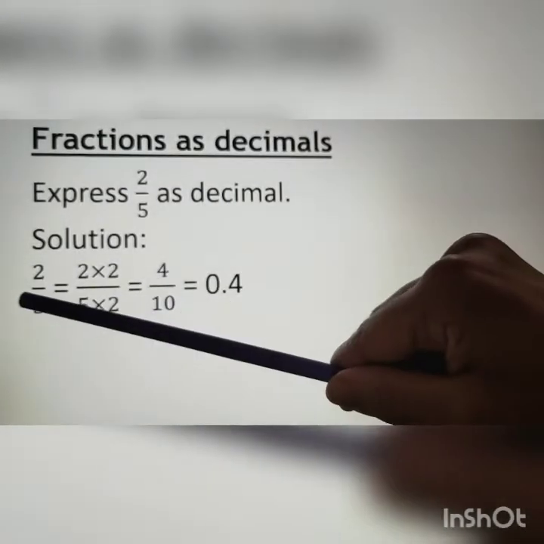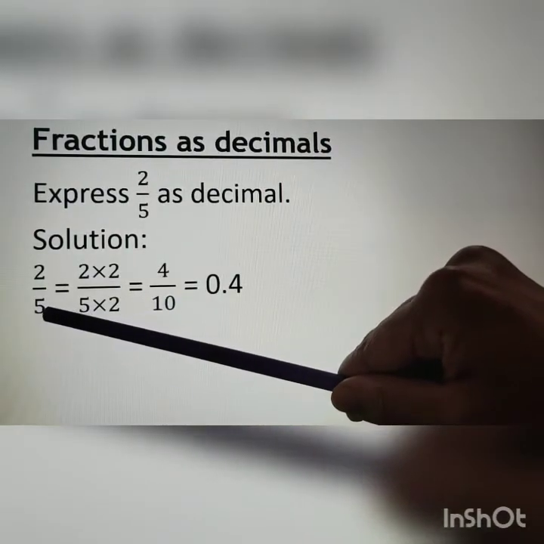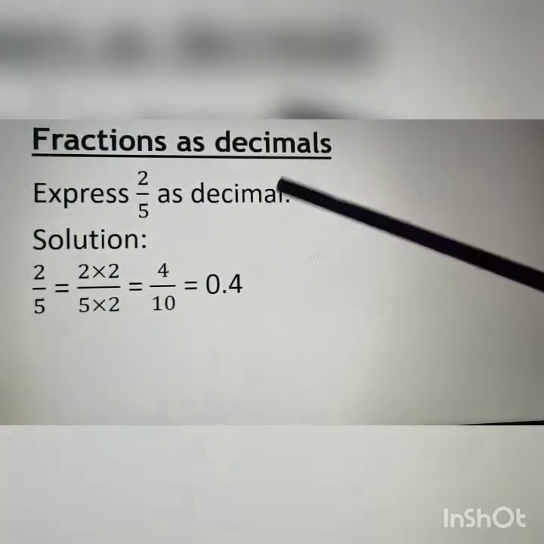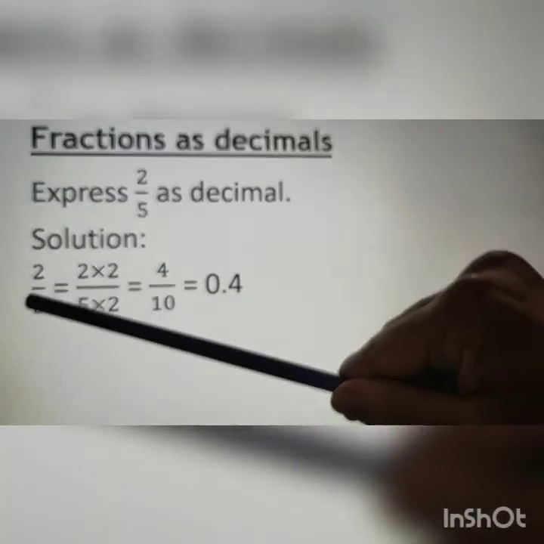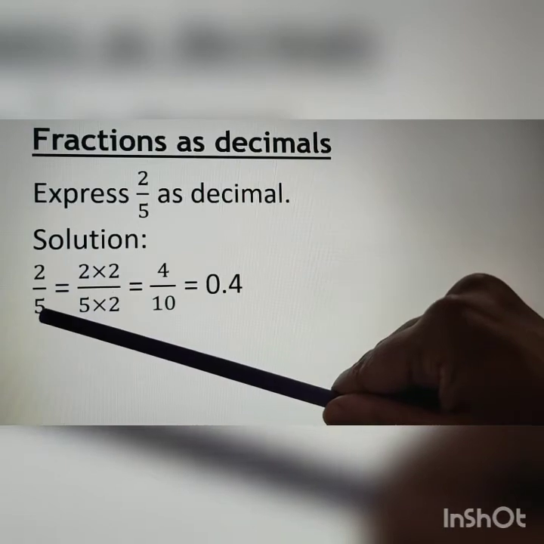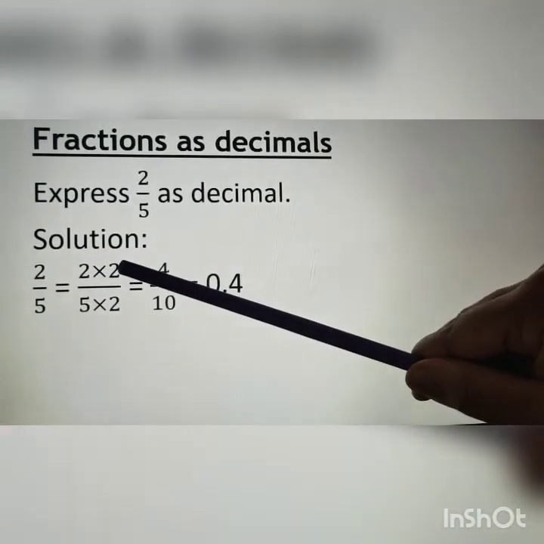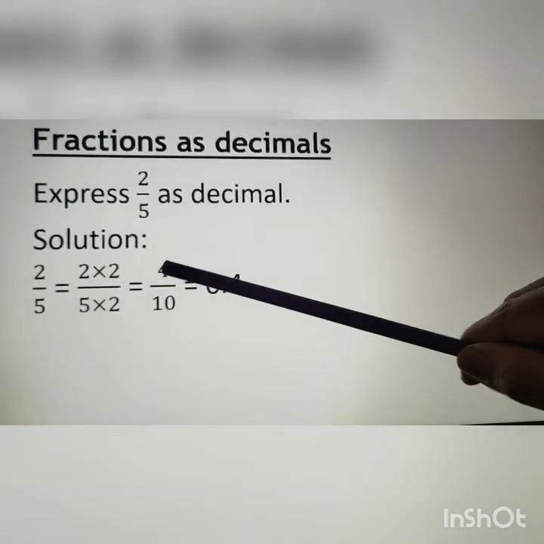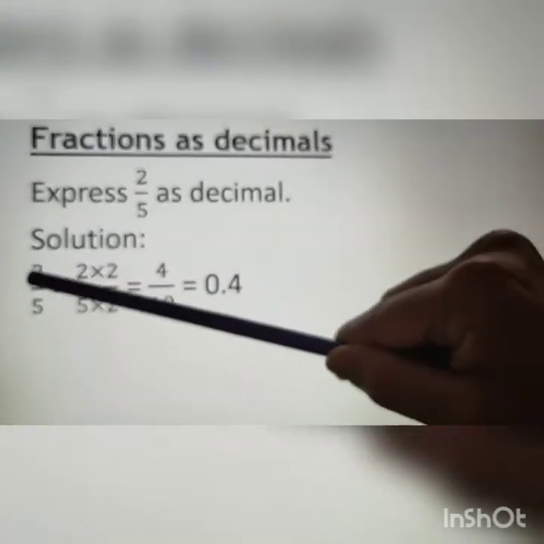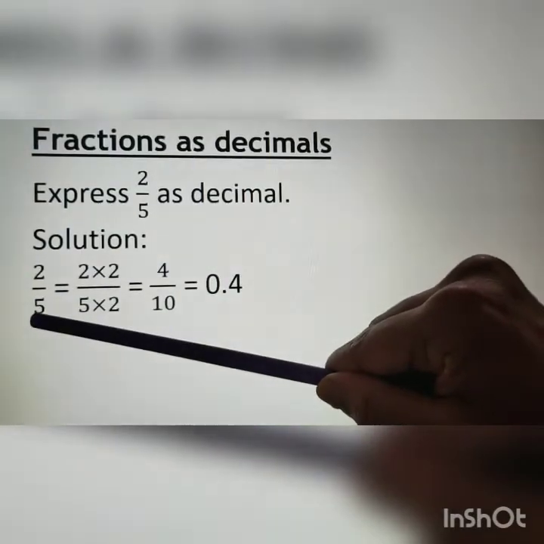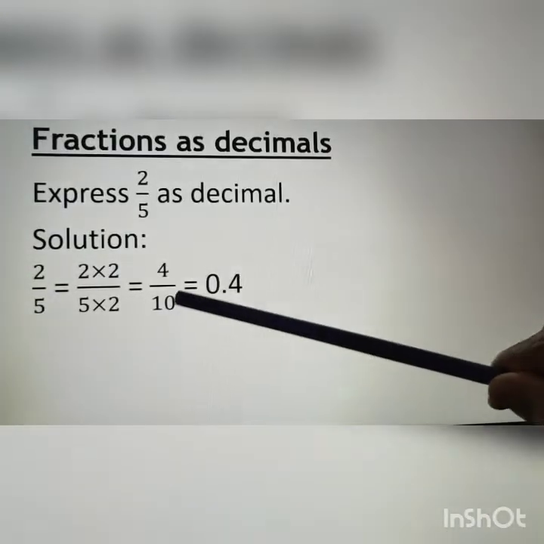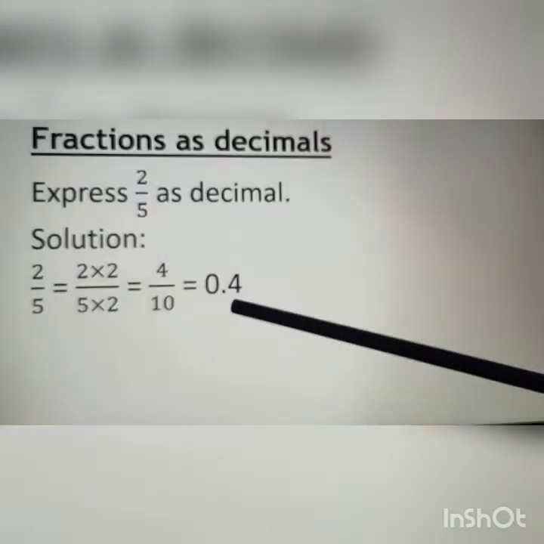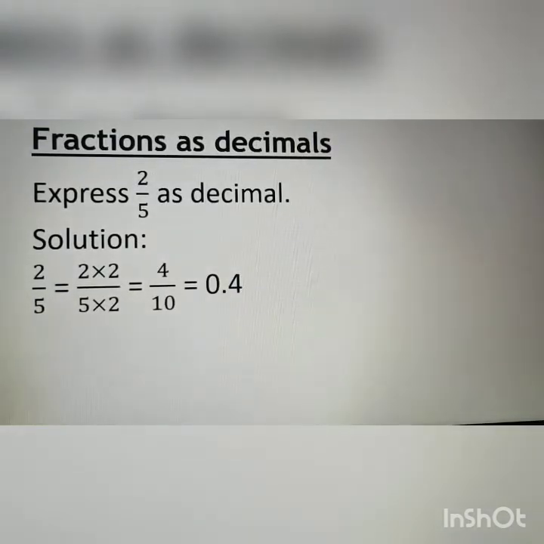If we convert it into an equivalent fraction with denominator 10, then it will be easy to represent as a decimal number. So we know 5 into 2 is 10. So by multiplying both numerator and denominator by 2, we will get 4 upon 10. 4 upon 10 is the equivalent fraction of 2 upon 5. 4 upon 10, we can write 0.4. So 2 upon 5 is equal to 0.4.